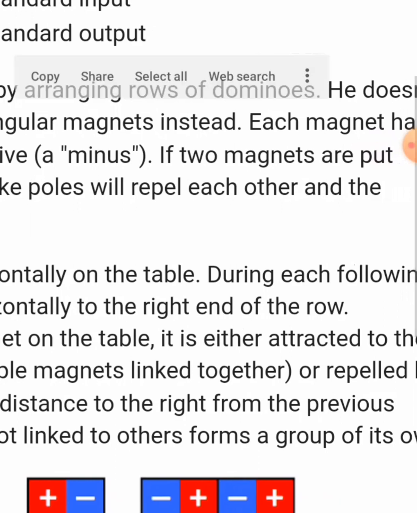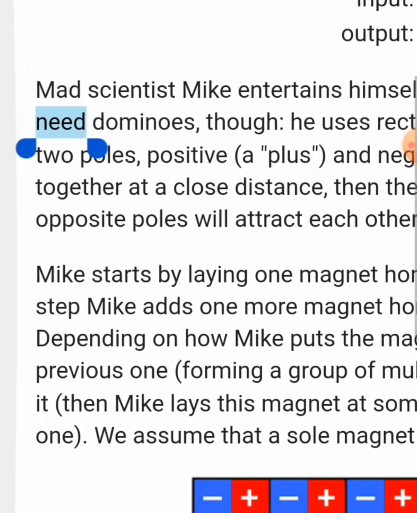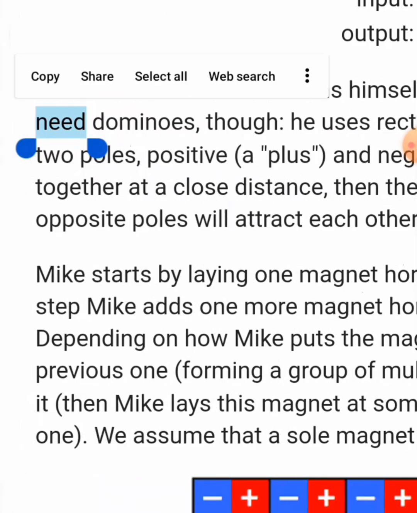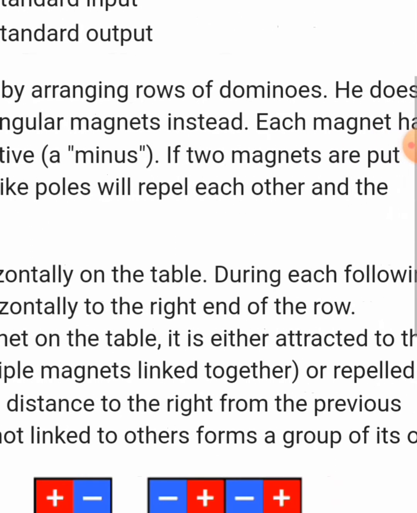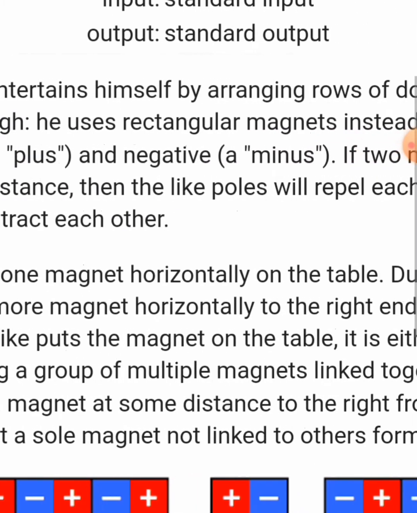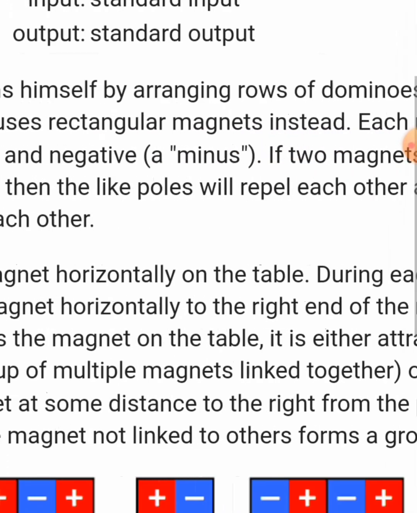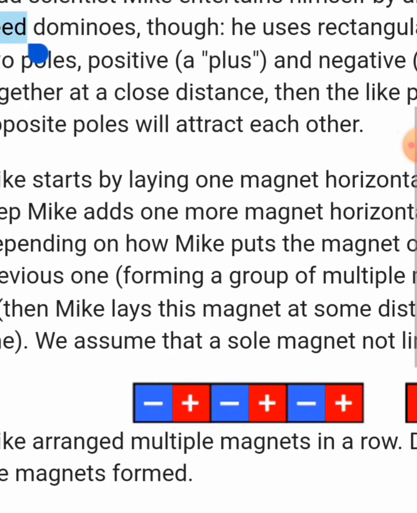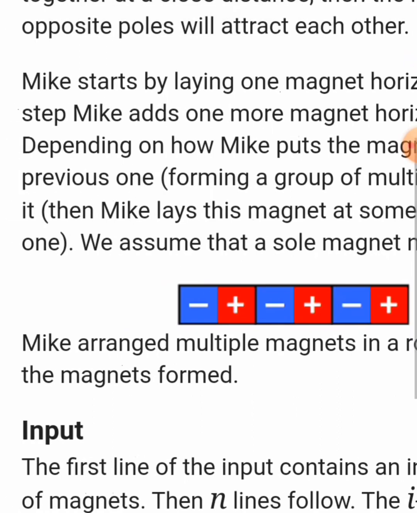Each magnet has two poles, positive (plus) and negative (minus). If two magnets are put close together, the opposite poles will attract each other.